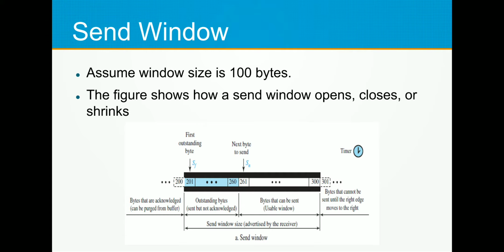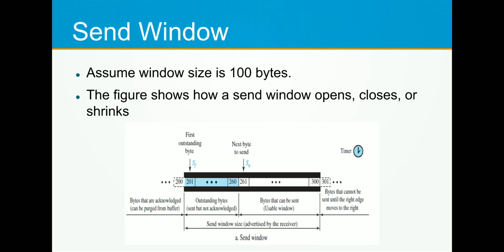So if you look at the diagram here, this is at the sender, and the size of the send window will not be the same. Okay, it can open towards the right, or it can close from the left, or sometimes shrink also.